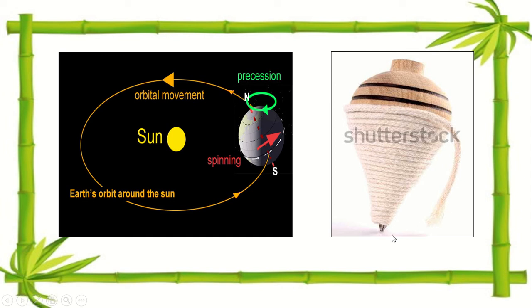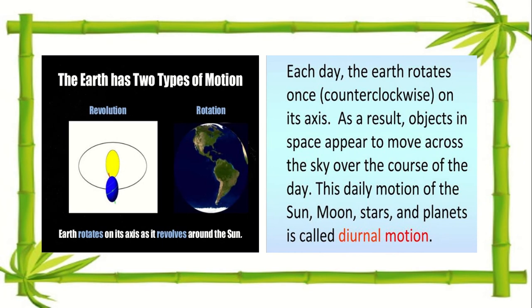So, it is a simple example of the rotation or motion of the earth. That means the top rotates standing on the pointed head. At the same time, it travels in a circular or elliptical way from one place to another on the soil. Thus, we know the earth has two types of motion. So, what is the rotation and revolution? Earth rotates on its axis, it is the rotation.